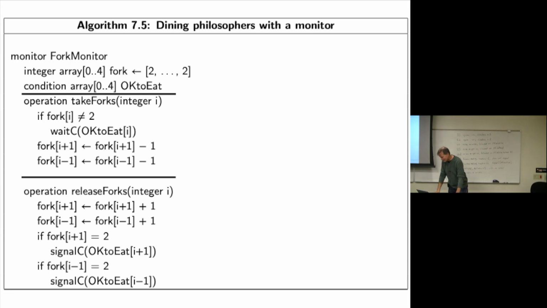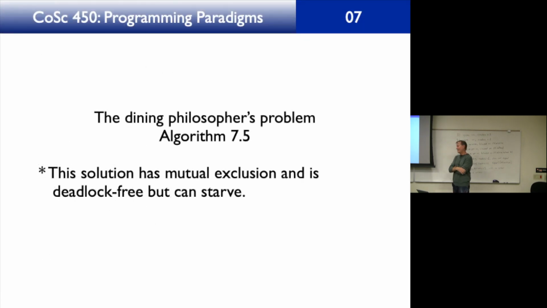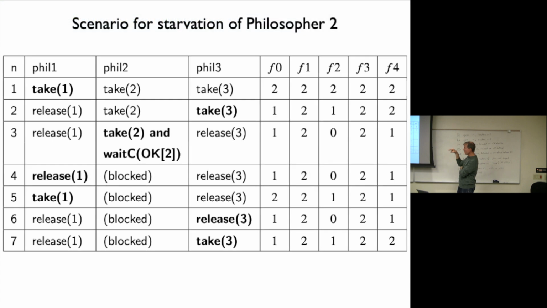There's only one problem. A slight problem. This solution has mutual exclusion and is deadlock free, but it can starve. And our author, I don't think I want to take the time because we're a little out of time now. But here is a scenario for starvation of philosopher 2.